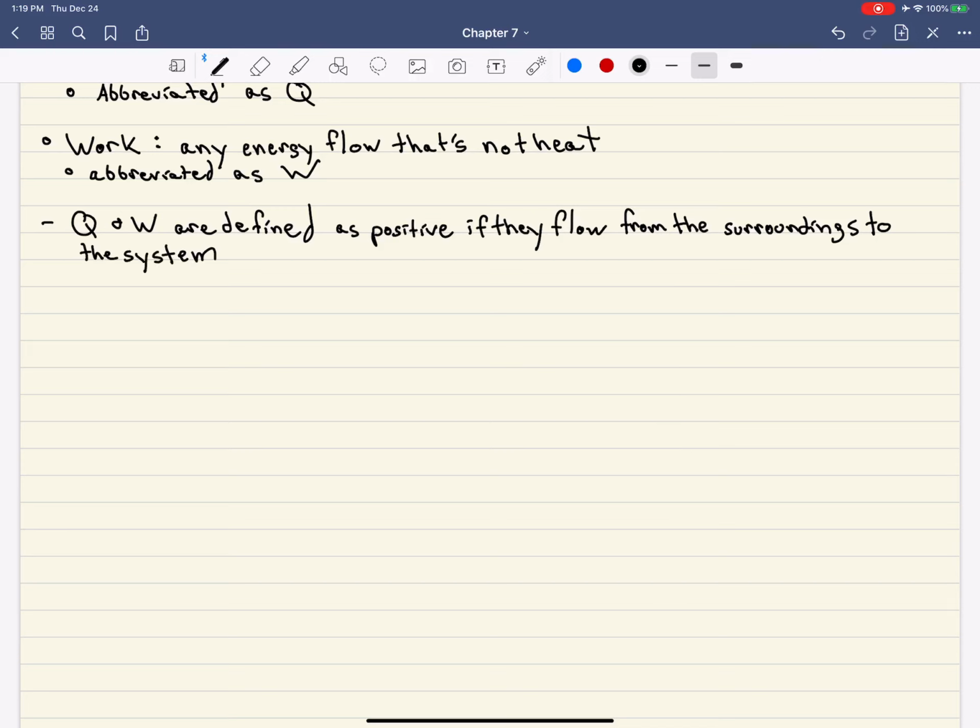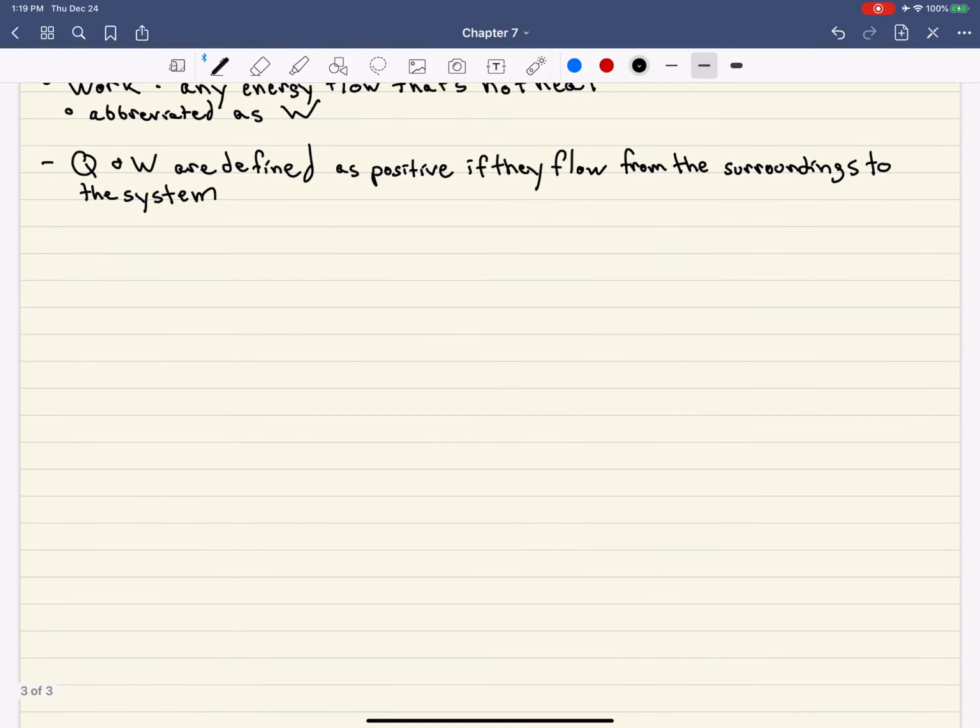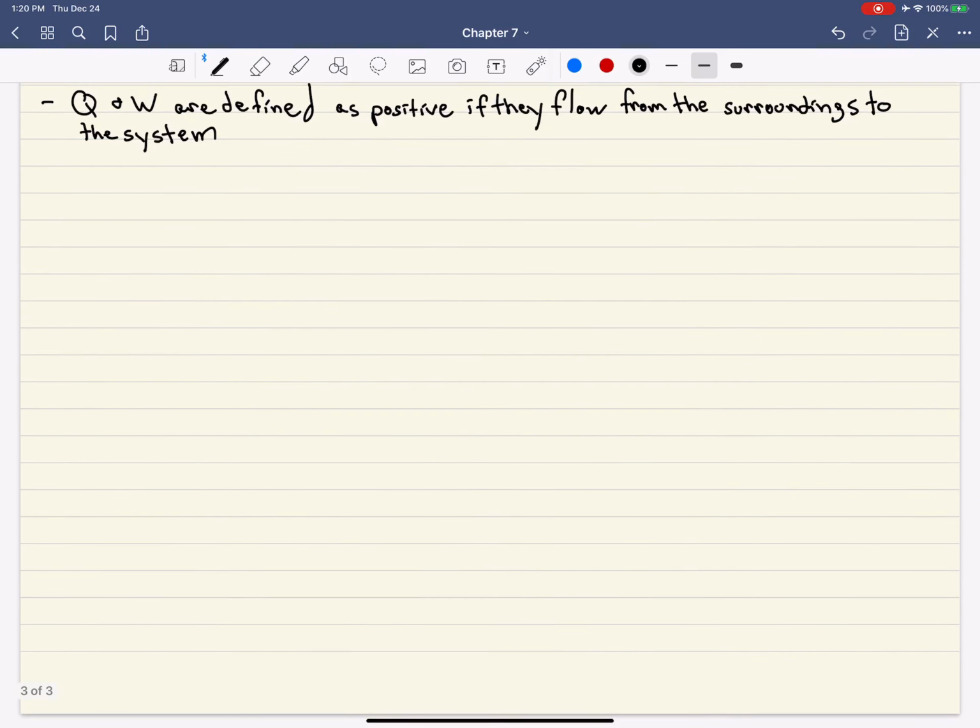Okay? To illustrate this notation, I just want to go through some examples. And so let's first consider some sort of arbitrary system bordered by these dashed lines. Okay? And let's say for this system, we have heat that's going from the surroundings into the system.